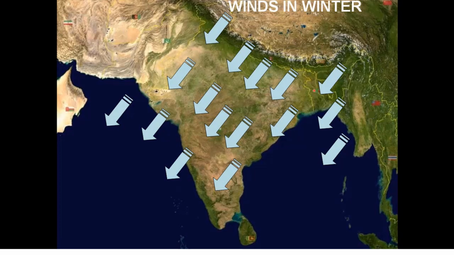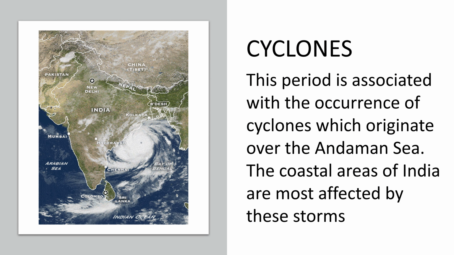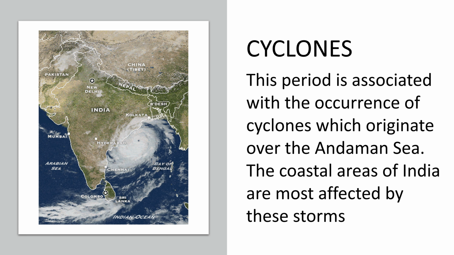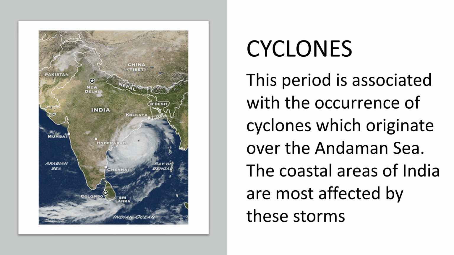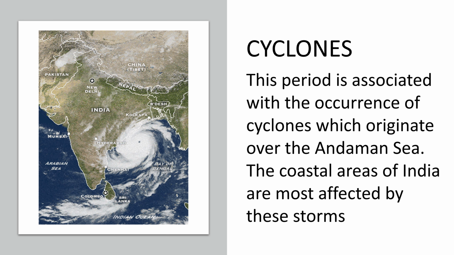When these monsoon winds are retreating, they pick up moisture from the Bay of Bengal and bring moisture to parts of Tamil Nadu, Kerala and parts of southern Andhra Pradesh. This is a period which is associated with the occurrence of cyclones, which originate over the Andaman Sea.